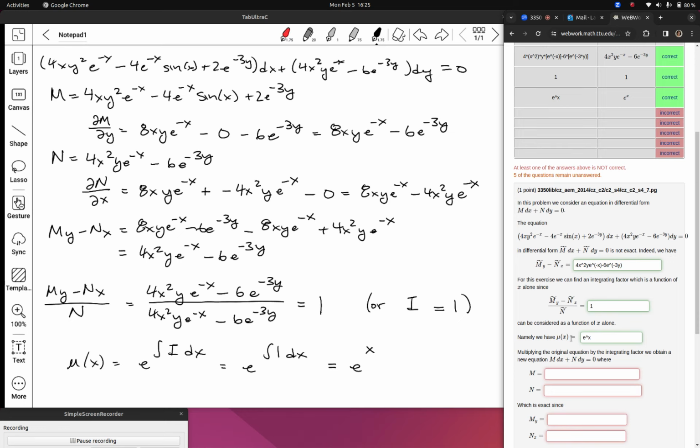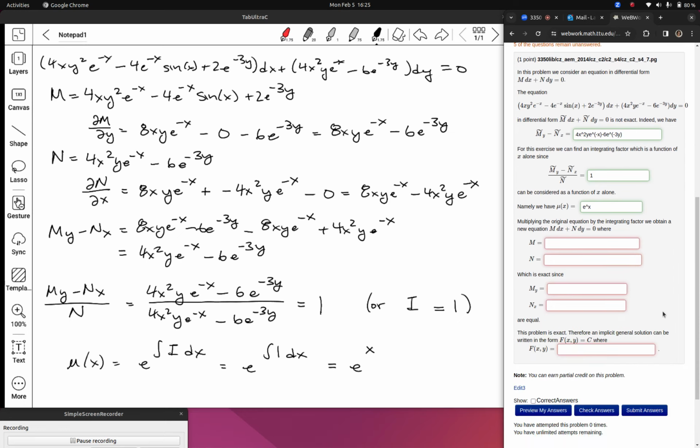See how it's sometimes kind of like a guess what they were asking for kind of thing. Anyhow, the way we use the integrating factor is we multiply both sides by this thing that only depends on x, or alternatively, if you swapped the order of everything here, it could be a thing that only depends on y. And then the resulting equation should be exact. So let's go ahead and do that next.